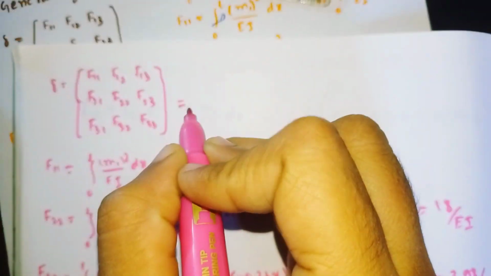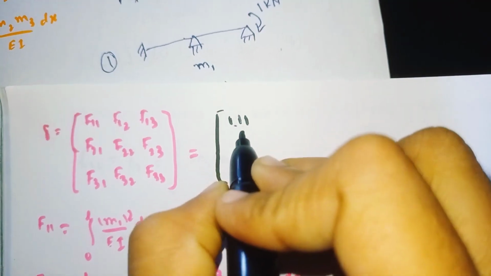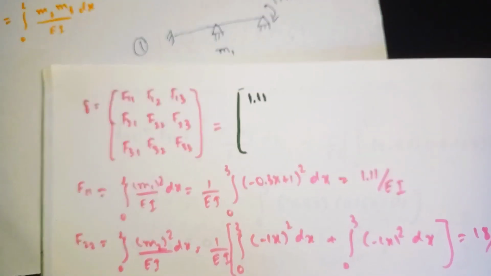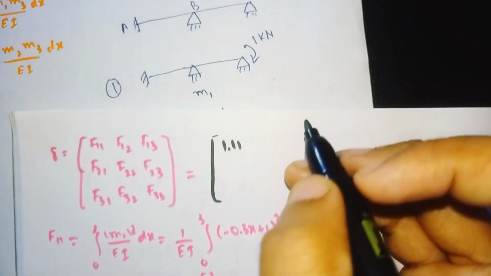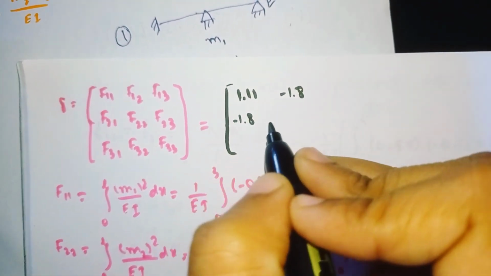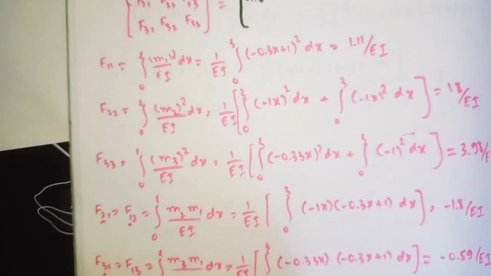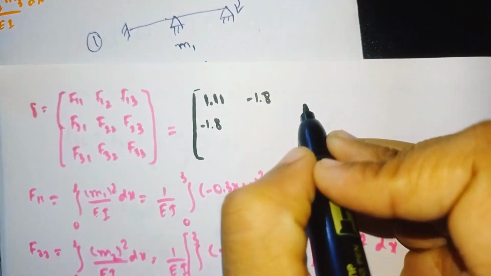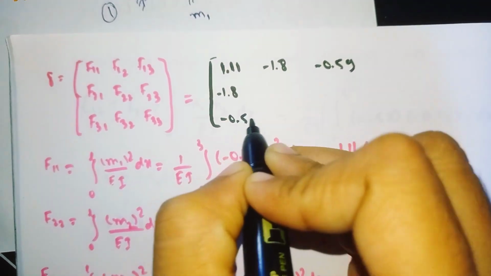So now put all the values. The F11 value we got was 1.11, and F12 will be minus 1.8 divided by EI, minus 1.8. Here also minus 1.8. Similarly, the F13 value we got was minus 0.59. Here also minus 0.59.